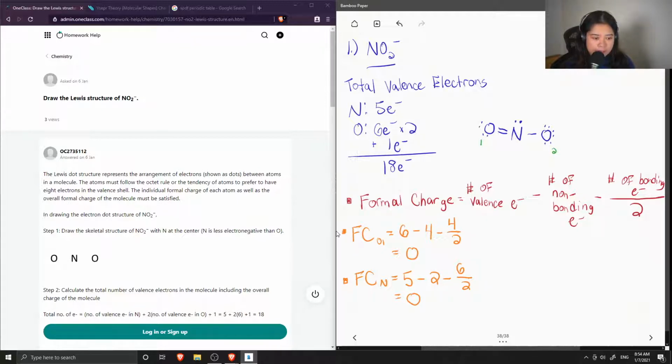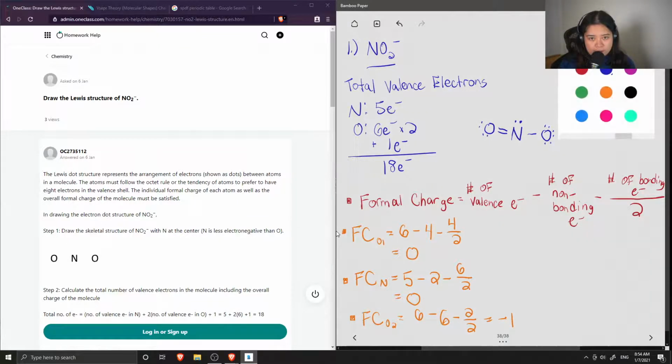And now let's look at the formal charge of our last oxygen. Again, oxygen has 6 valence electrons. This oxygen in particular has 6 non-bonding electrons, and there are also 2 bonding electrons in that single bond. So the formal charge of the last oxygen is -1. I just need to write a charge on this one oxygen.